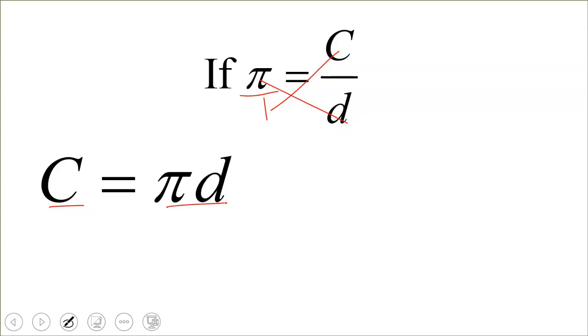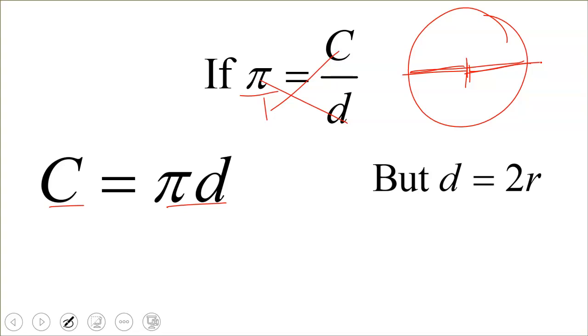We also know that anytime we have a circle and we have a diameter, the diameter is made up of 2 radii. That's a radius here and a radius here, so 2 radii. So if that is the case, then we can say D is equal to 2r. Beautiful, because here is r, here is r, together they give us the diameter.